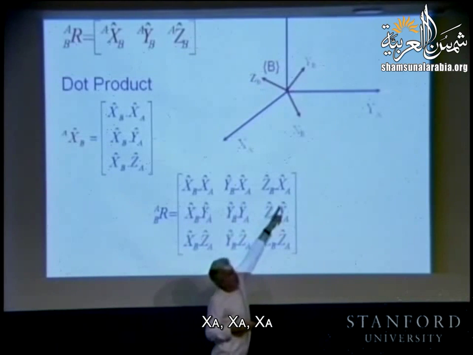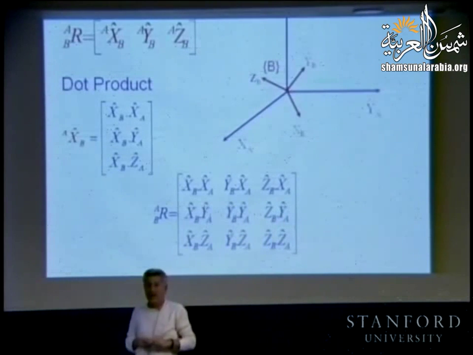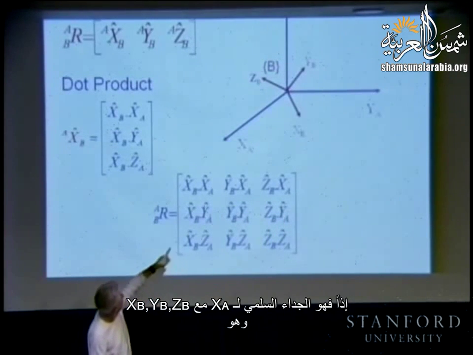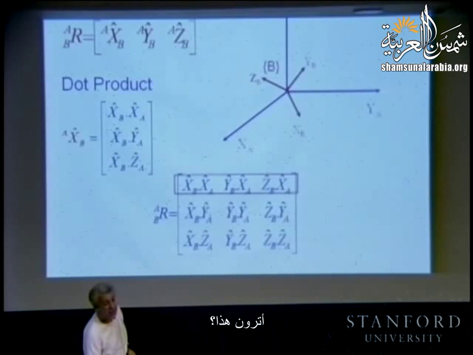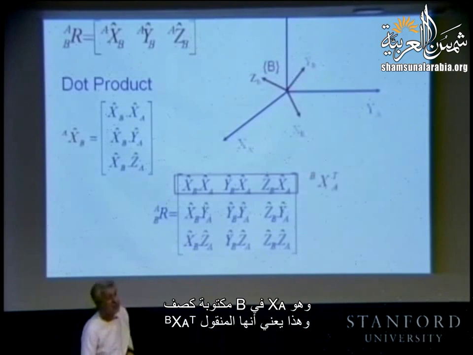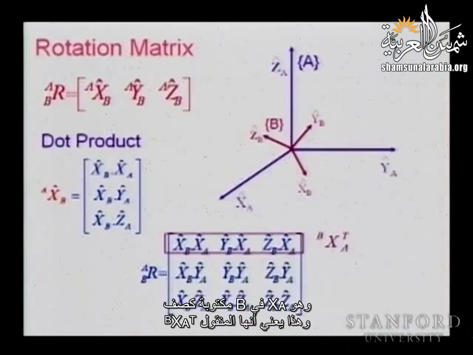So it's the dot product of xa with xb, yb, and zb, which is xa and b written as a row, which means it's transpose.